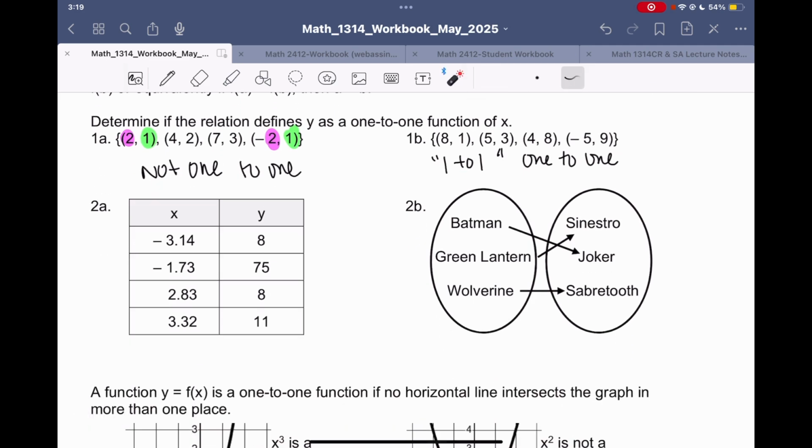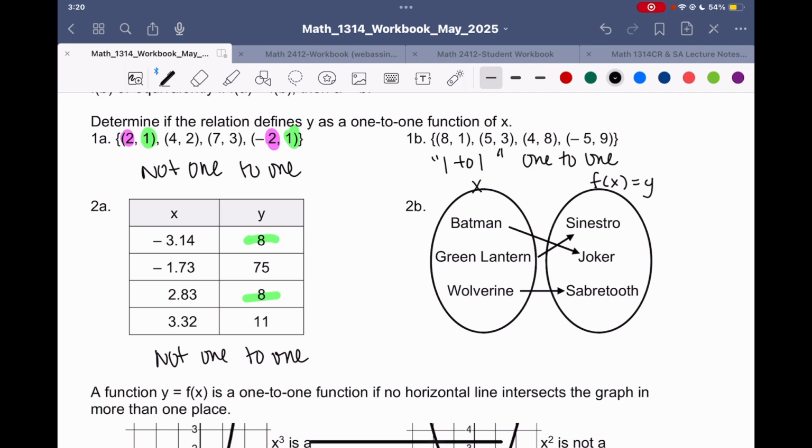Again, this 1-to-A is not one-to-one because you have duplicate y's. And then this is supposed to be x, and this is supposed to be f of x, which is equal to y. And this is one-to-one.